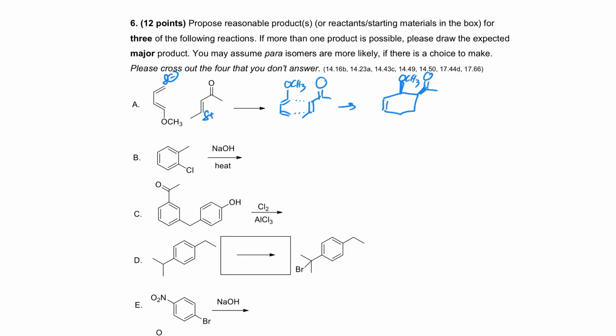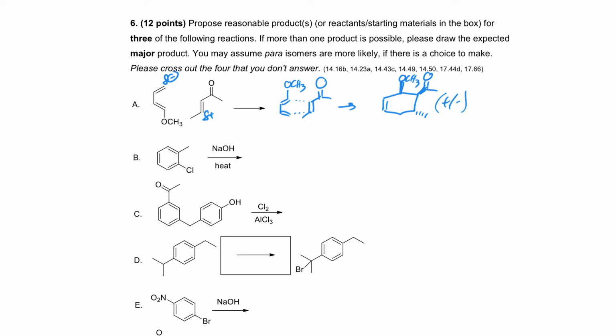And this is a trans dienophile, so I need trans right there, and we could make the other enantiomer as well. So some students forgot to include the carbonyl here. That made me a little confused as to what product you were looking at. Some people put the carbonyl on the other side away from the OCH3, so they didn't assess it this way. Those were the common errors right there.